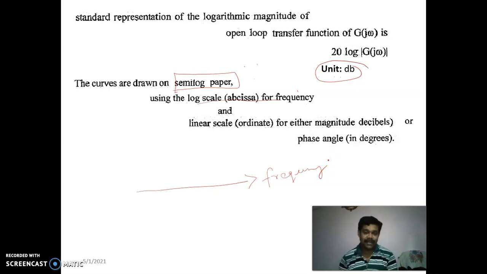In the semi-log sheet, the x-axis is a log scale, and in the log scale you will be representing the frequency. The y-axis is a linear scale, the ordinate, which we will use for magnitude and phase.